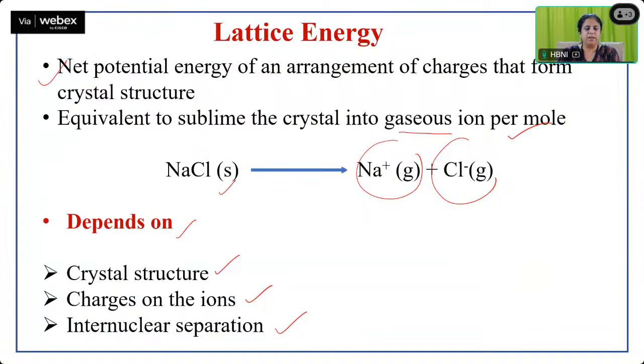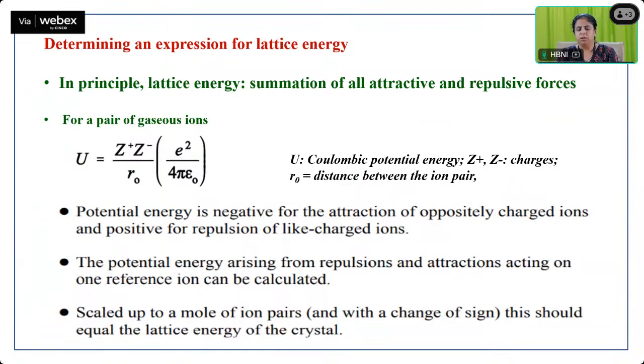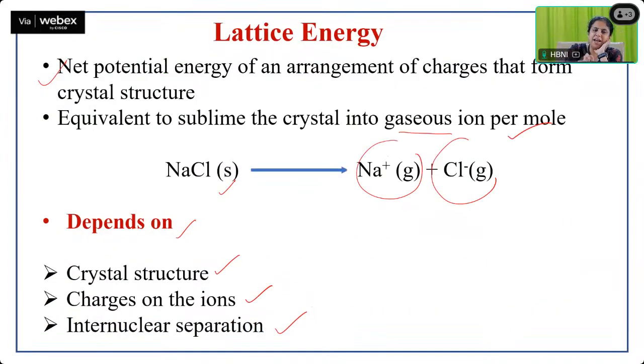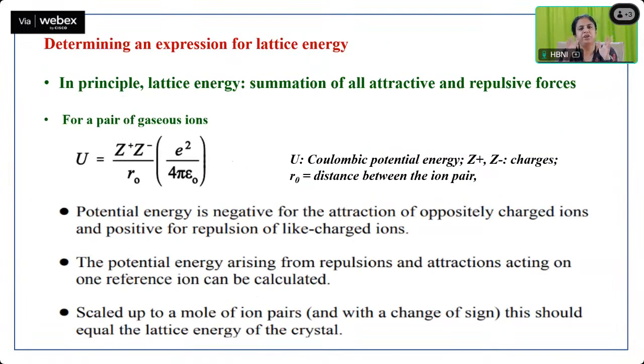Okay, so how can we determine it? I'll make it very simple. In principle, lattice energy, as we said in the previous slide, is the net potential energy of the arrangement of the charges that form the crystal structure. So basically, it is a summation of all the attractive and repulsive forces.